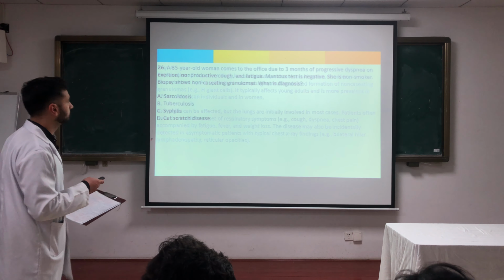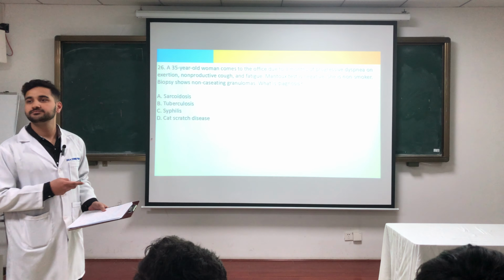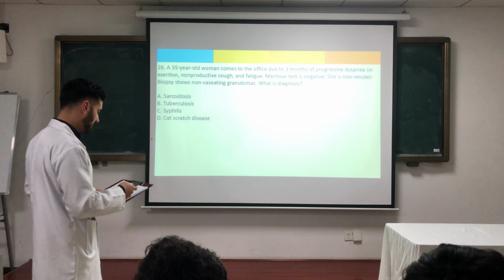Is it a virus? Anyone know about it? What is the causative agent for cat scratch disease? No one? So, the causative agent for cat scratch disease is Bartonella henselae.